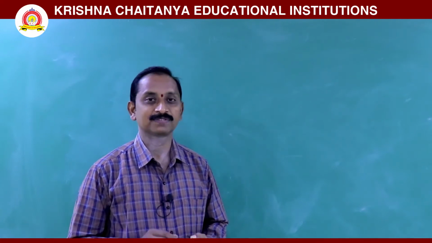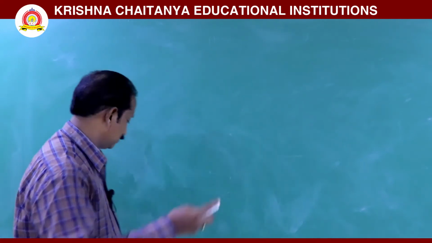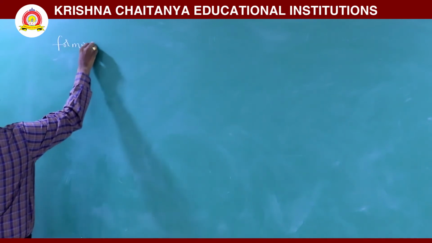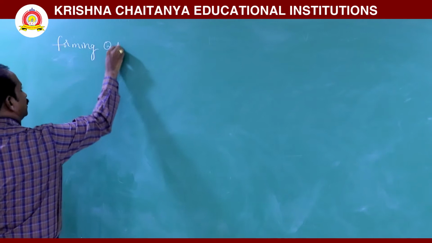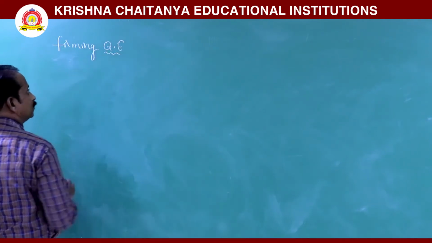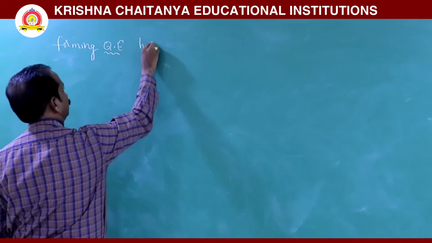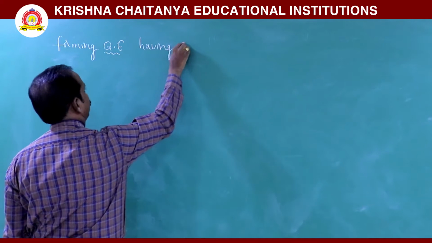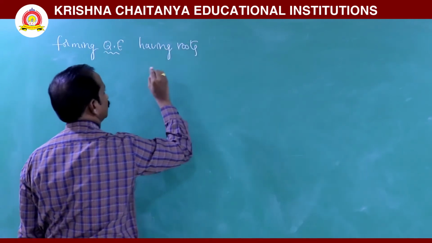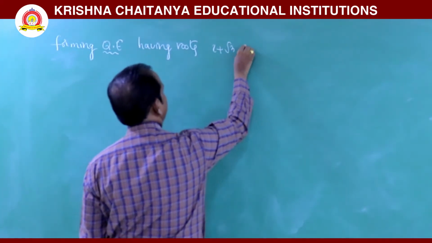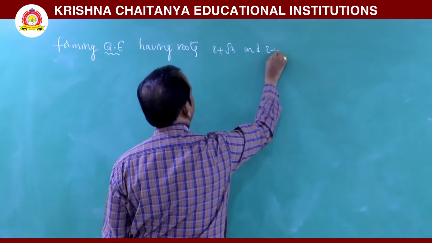Okay, students, today we discuss some examples related to the concept. So now, forming a quadratic equation. Forming a quadratic equation having roots 2 plus root 3 and 2 minus root 3.